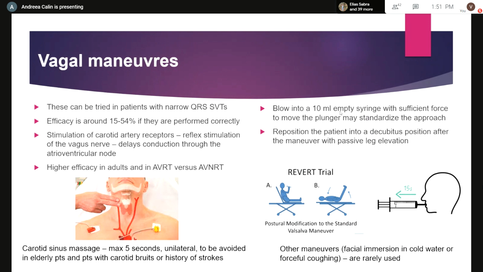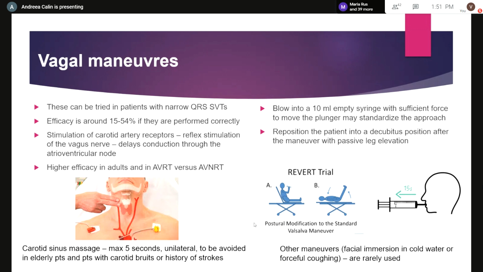Or we can perform a standardized approach, having the patient blow into a 10 milliliter empty syringe with sufficient force to move the plunger, and then reposition the patient in a decubitus position after the maneuver with passive leg elevation to prevent hypotension. And this is a standardized vagal maneuver, and this may terminate tachycardia or may give us a clue about diagnosis.